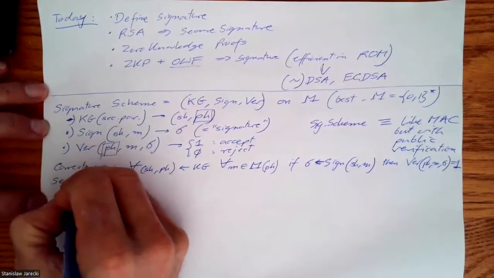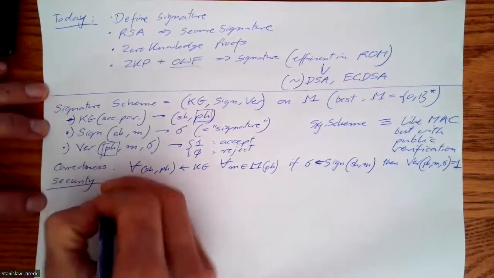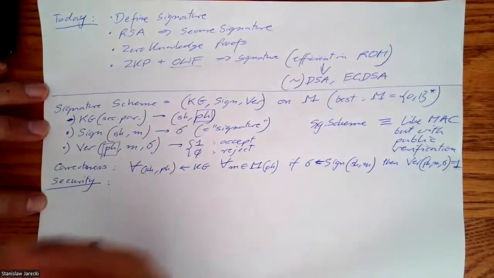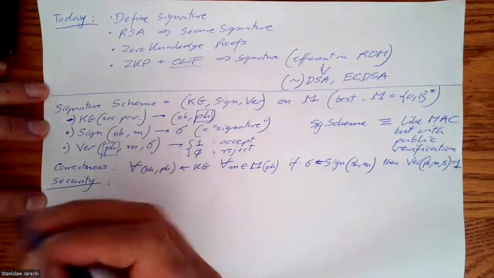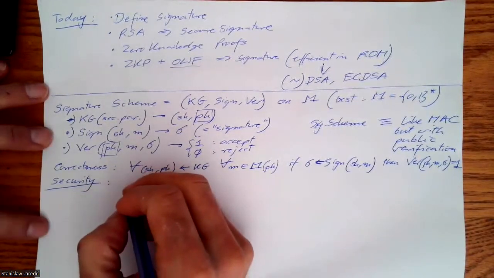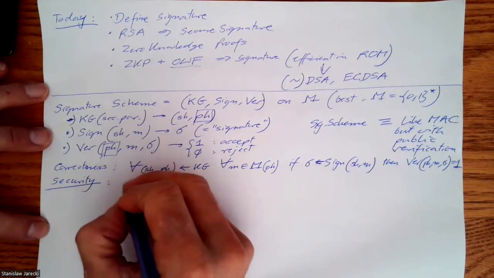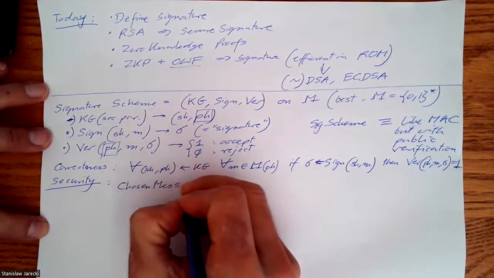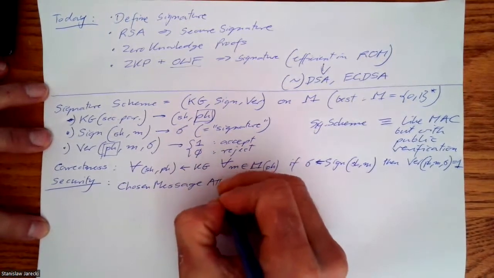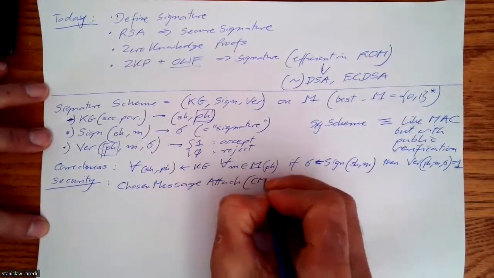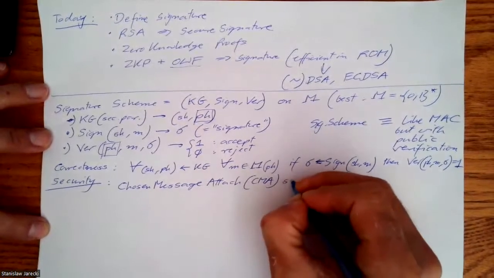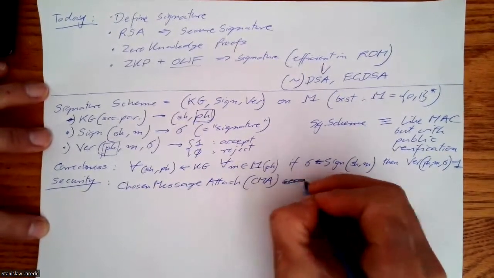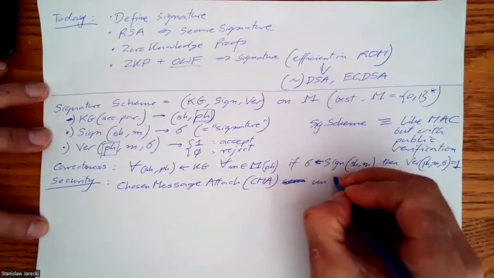What about security? So let me just jump to the chase and give the strongest security that we expect of these things, which is the chosen message attack, CMA security. So chosen message unforgeability.